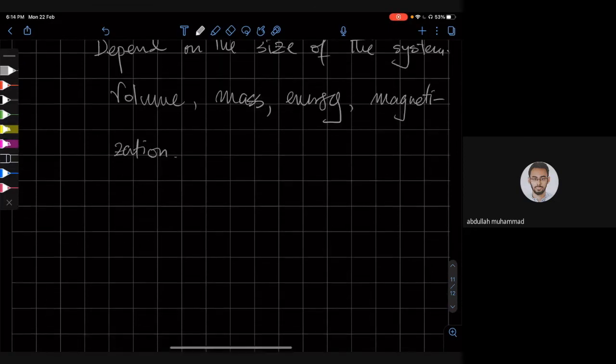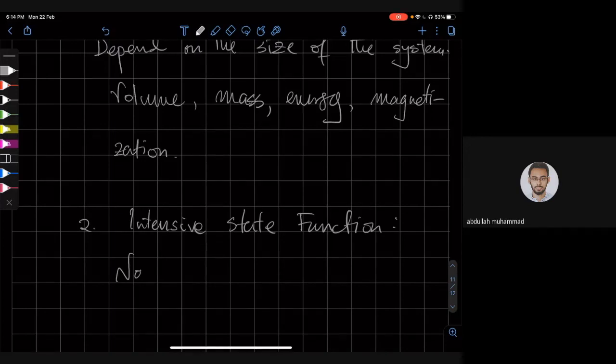And then there are intensive state functions. These are not dependent on the size of the system, because we are assuming homogeneity.